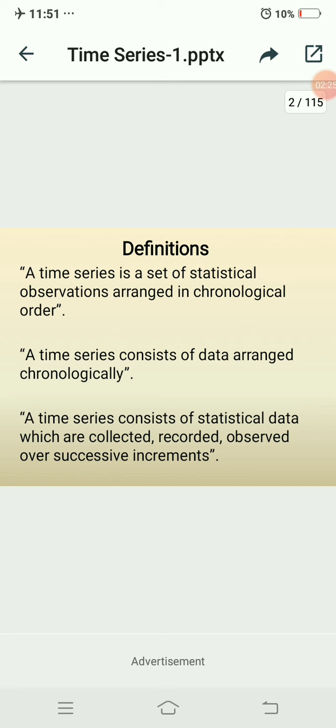For example, if you are collecting the company profits from 2010 to 2015, 5 lakh, 6 lakh, 9 lakh, 10 lakh, whatever, it gives you successive increments. If you are collecting good data, you get successive increments.